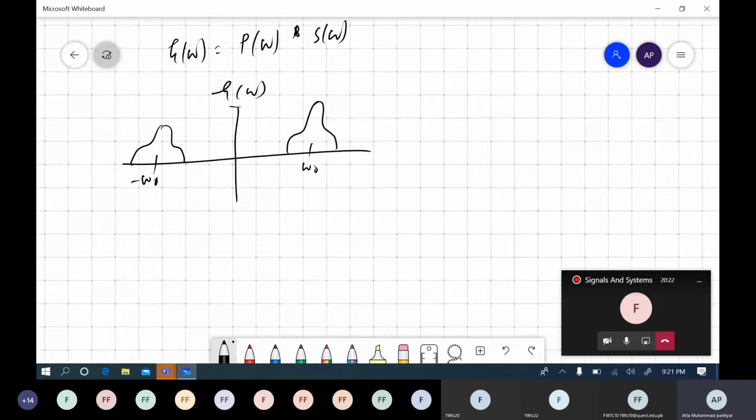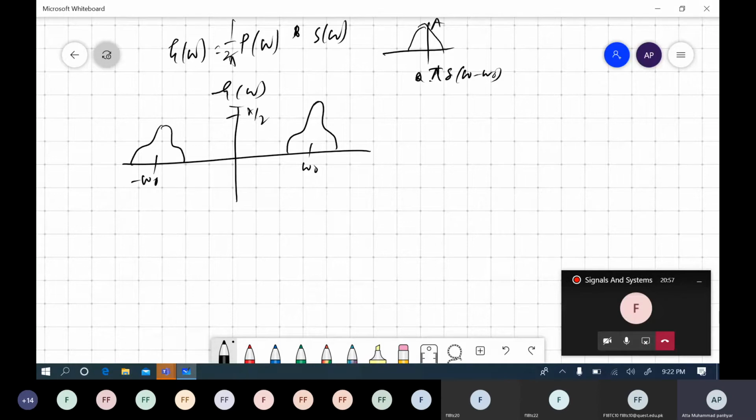For example, we assume that the amplitude of S of omega was A. Now this must be scaled down to what? A by 2, right? Why? Because we know what our P of omega was. That was equal to 2 pi delta of omega minus omega naught.